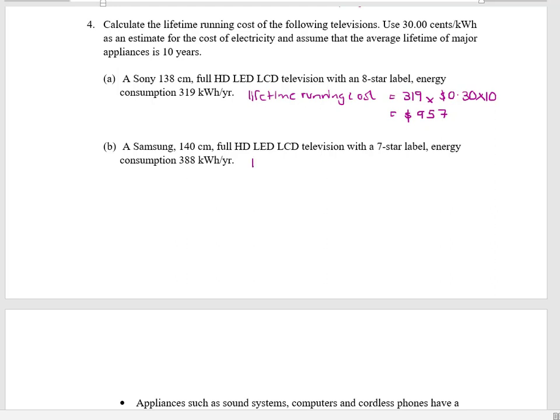And so I'm going to do exactly the same for the next one. So what you could do is pause the video and see if you can do it without me. So the lifetime running cost is going to be, in this case, same thing, 388 times 30 cents times 10 years. And I end up with this television costing me $1,164.